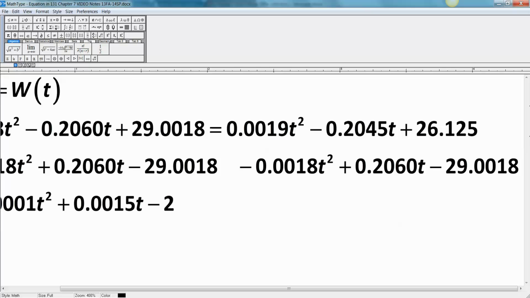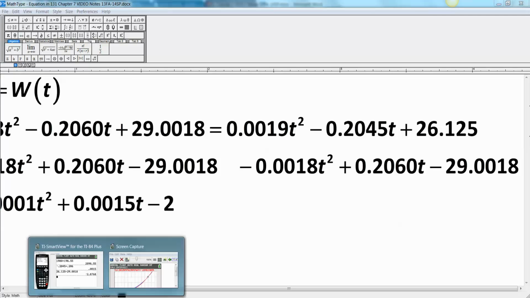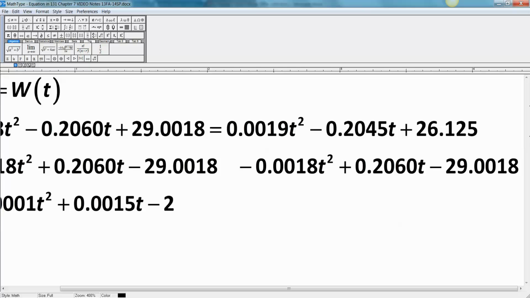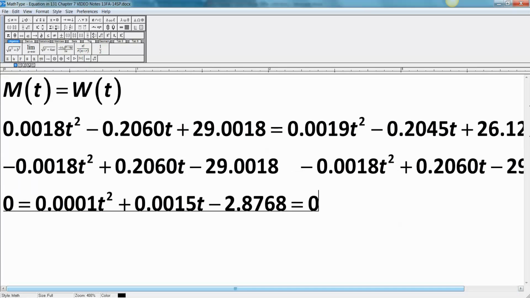Oh, I already forgot what it was. All right, minus, what was it? 2.8768. There we go. And this is all equal to 0. Right? Oops, I had it equal to 0 over there. But 0 over here, 0 over there, doesn't matter.